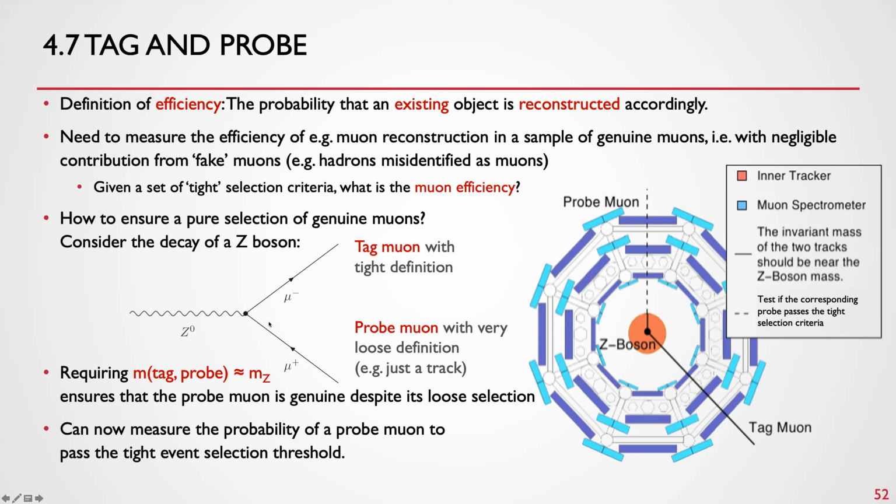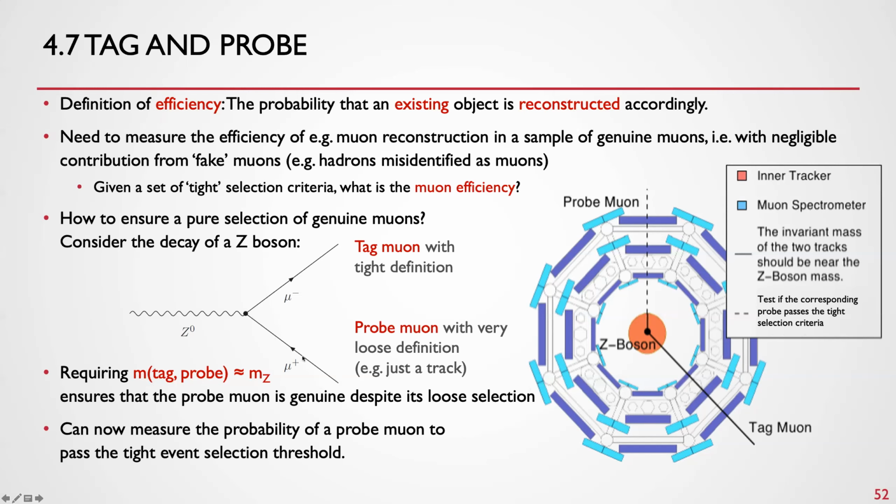You have to take a look and you have to say, okay, if I have a good muon and I have something that's very loosely reconstructed, but together these two things form a Z boson candidate, then I know the second muon is in fact a true muon, and now I can run my reconstruction algorithm on it and test whether it is successful.